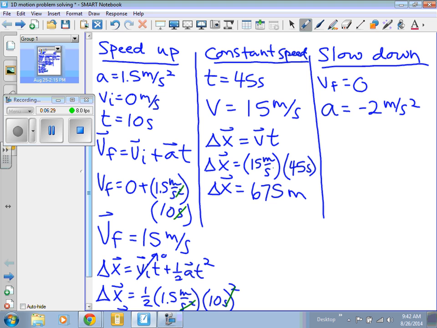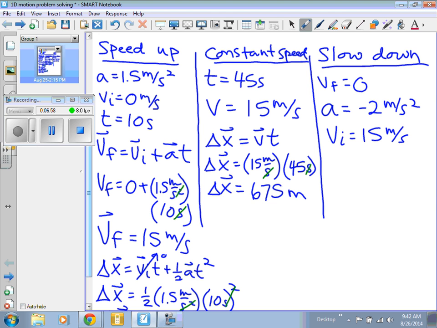And like I said, this cancels out. All right. Now we can move on to the slowing down section. For the slowing down section, we know the final velocity is 0. We know that the object traveled at that constant speed of 15 meters per second until it started slowing down. So that v initial is 15 meters per second. And then our v final is 0 because it comes to a stop.